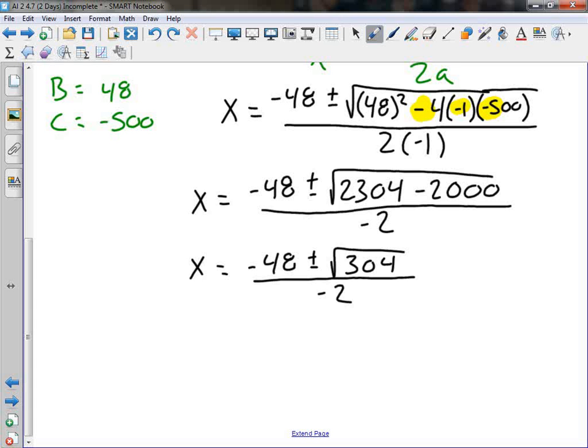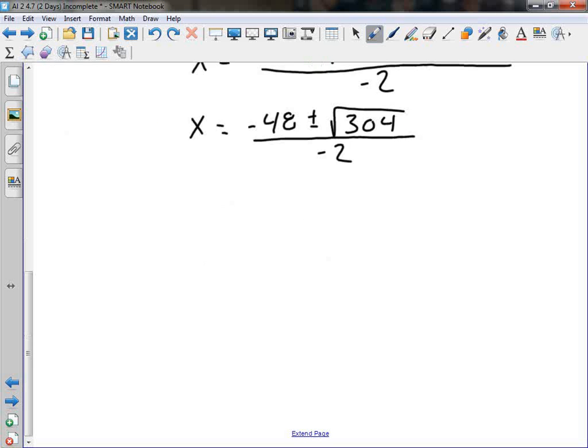However, this isn't a regular problem, it's a word problem. They're asking for price. And if somebody asks me what price we should sell a CD for, and I say, oh, we should sell it for negative 48 plus the square root of 304 all over negative 2, that person would look at me like I was crazy. So let's change this into a number that we like since it is a word problem, okay?